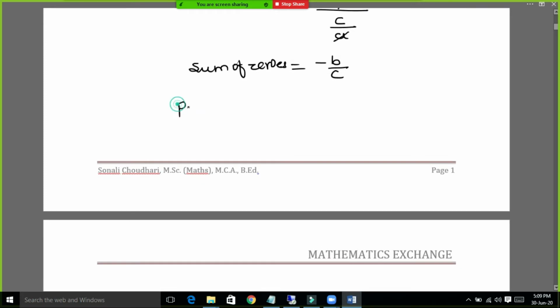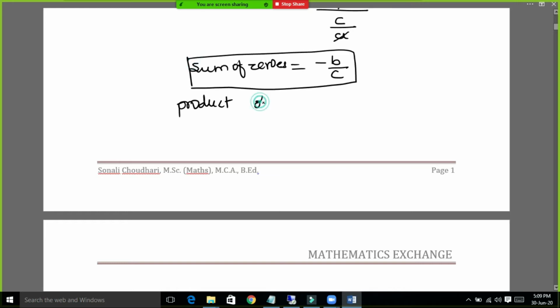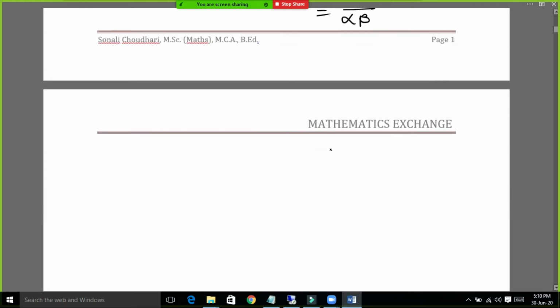So the product of zeros. We have the zeros 1 by alpha and 1 by beta, so take the product of these. 1 by alpha into 1 by beta gives 1 upon alpha beta. Again we know the value of alpha beta, that is c by a.